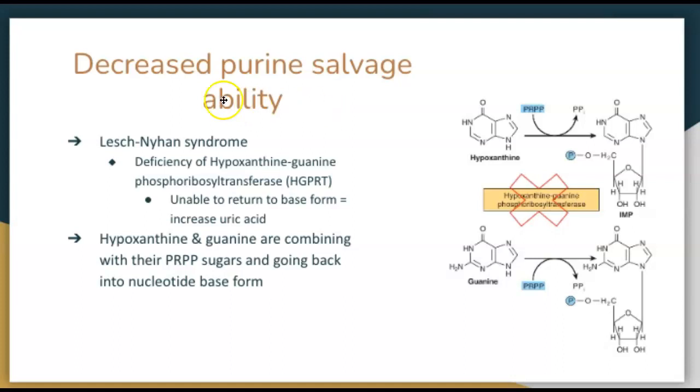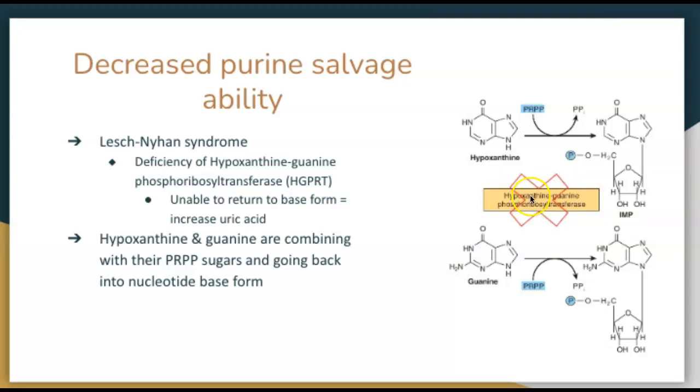If this guy's not able to do this very well, then he will have increased uric acid. The enzyme important here is hypoxanthine-guanine phosphoribosyltransferase, or HGPRT. Essentially this helps convert backwards upstream to avoid more uric acid being created.